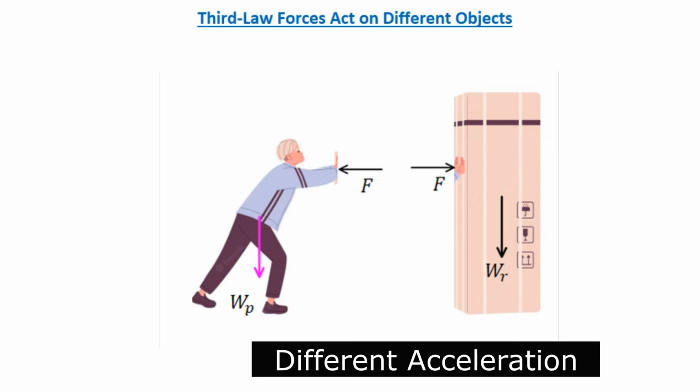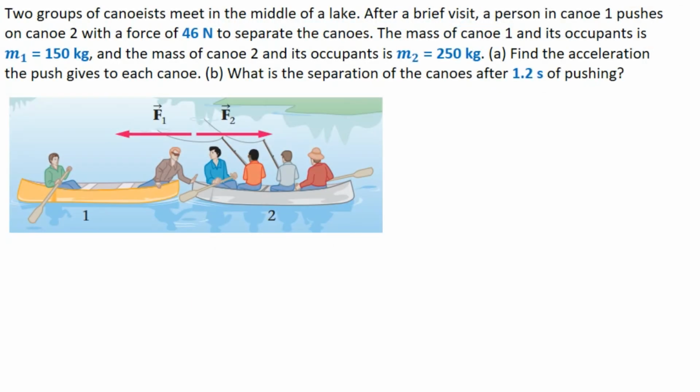Let's understand this by taking an example. Here in this example, we can see two groups of canoeists that meet in the middle of a lake. Now a person in canoe 1 pushes on canoe 2 with a force of 46 Newton. The mass of canoe 1 and its occupants is 150 kg. So M1 we can write to be 150 kg, and M2 we are given to be 250 kg.